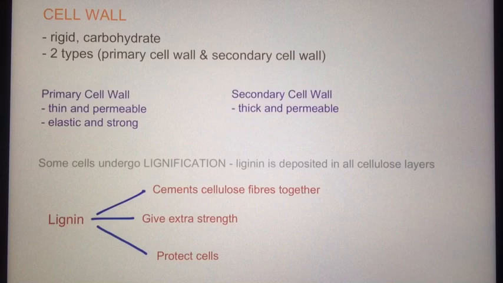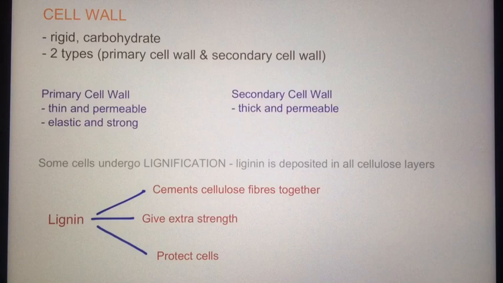Cell wall is a rigid carbohydrate layer of cellulose found outside the plasma membrane. Cellulose has high tensile strength. There are two types of cell wall, which are primary cell wall and secondary cell wall. Primary cell wall are thin and permeable, elastic and strong. Then for secondary cell wall, it is thick and permeable.